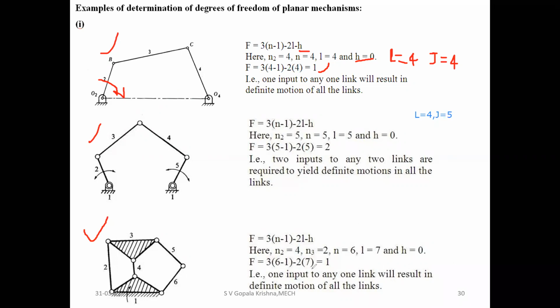Total 7 joints. Substitute into the basic equation: 3 into (6 minus 1) minus 2 into 7 equals how much? 1. So that means 1 degree of freedom for this particular mechanism. Did you understand?